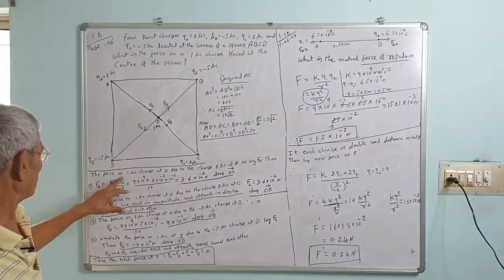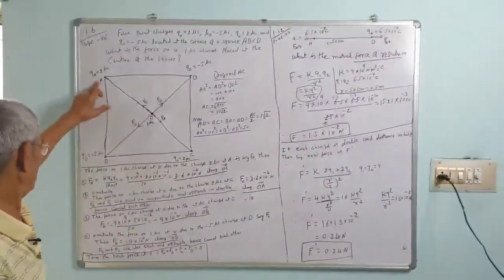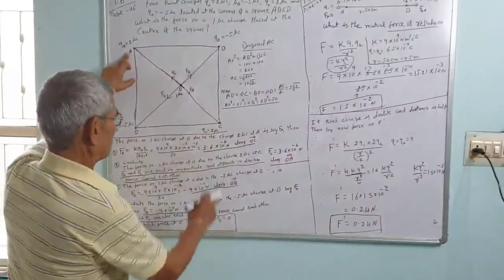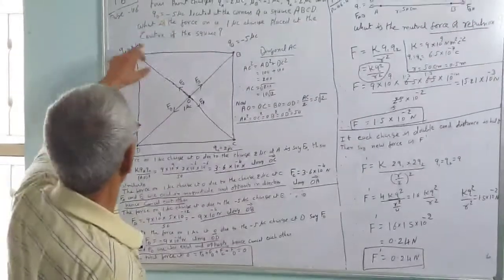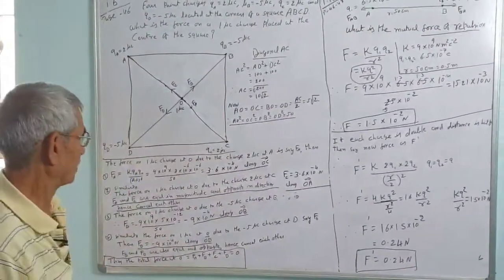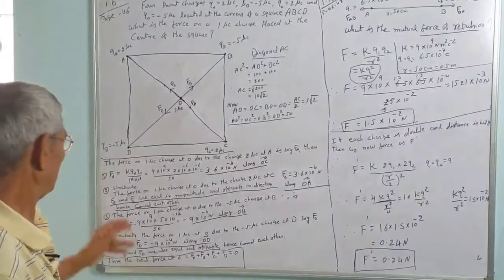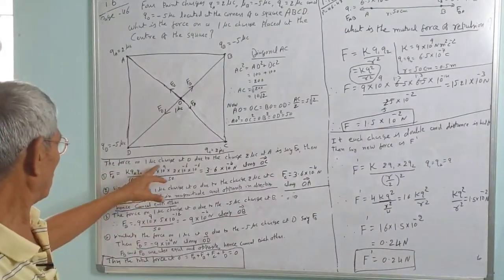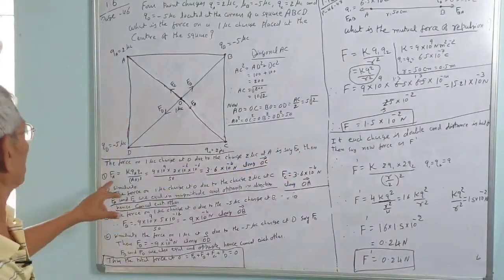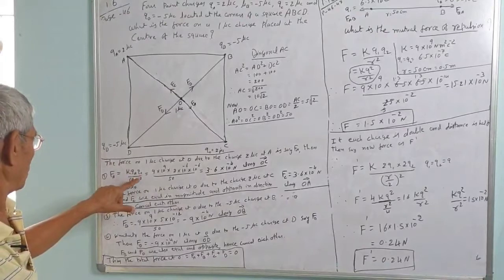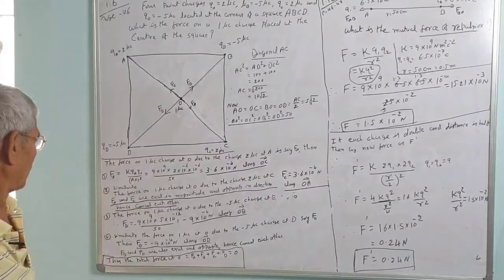Now let us calculate the force on the 1 microcoulomb charge at O due to the charge 2 microcoulomb at A, say FA. Then FA is equal to, according to Coulomb's law, K QA QO upon OA square.